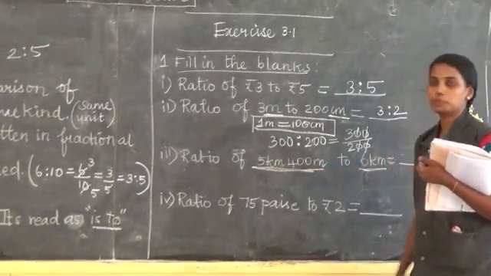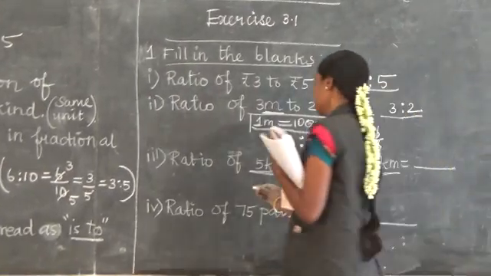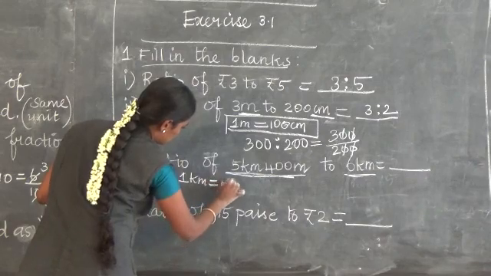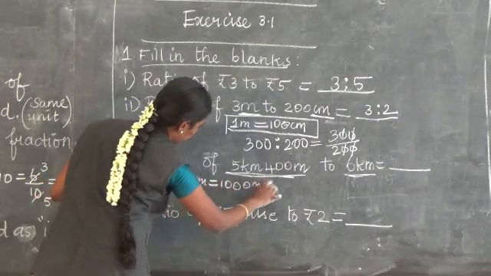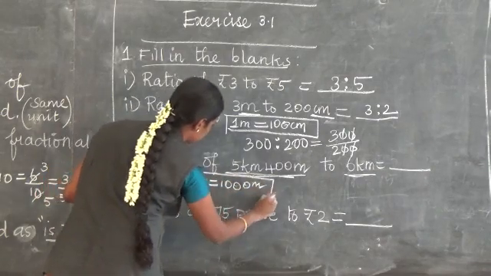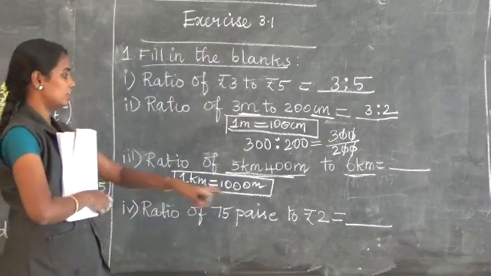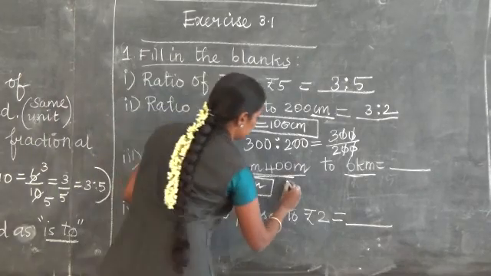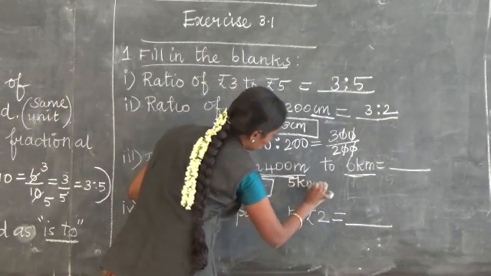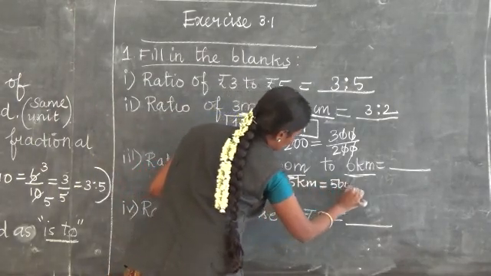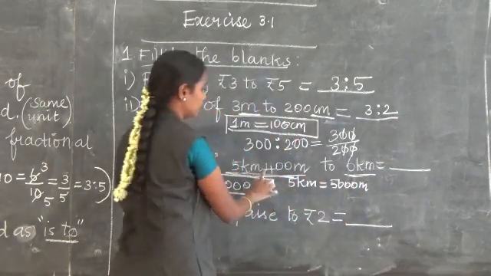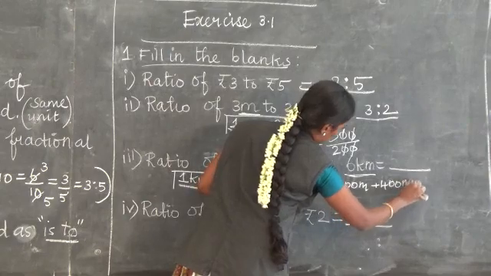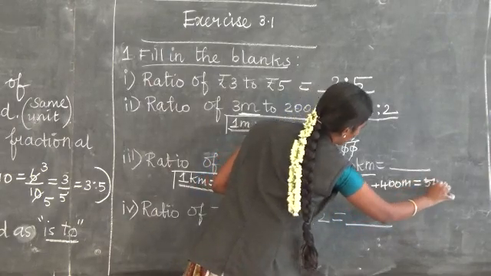So change the kilometer to meter. 1 kilometer equals how many meters? 1000 meters. So here how many kilometers are there? 5 kilometers. So 5 kilometers equals 5000 meters plus 400 meters. So totally how many meters?